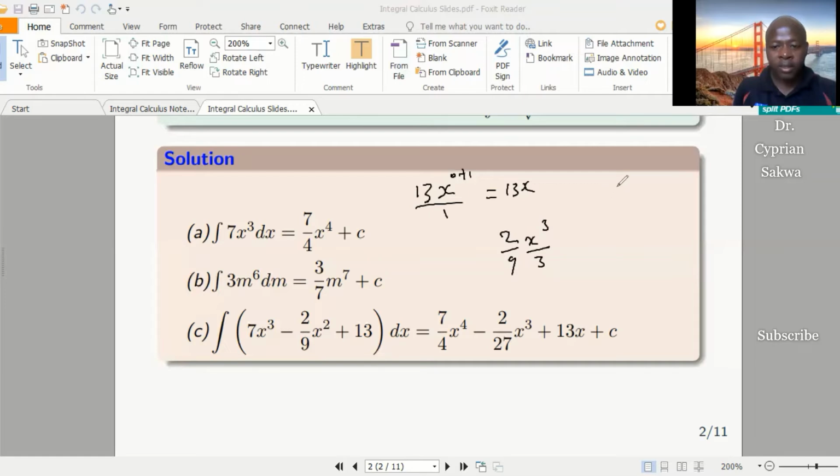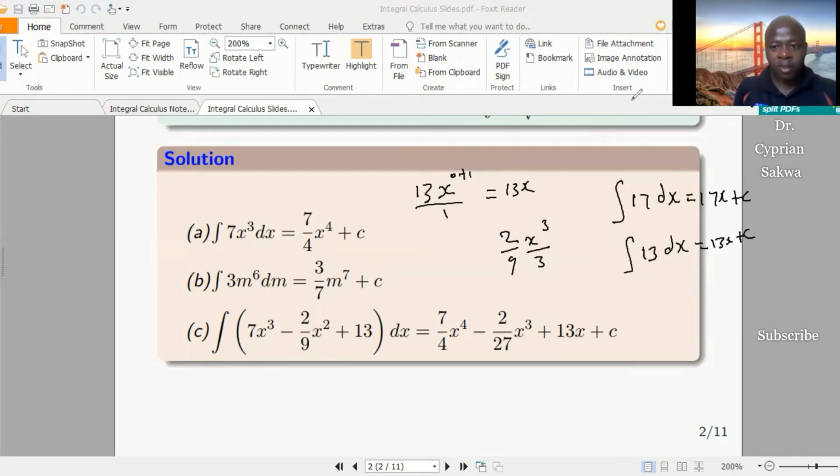Therefore, the integral of a constant 17 would be 17x plus c, or for this one, the integral of the constant 13 is 13x plus c. So when you're integrating a constant with respect to x, just add x to that.